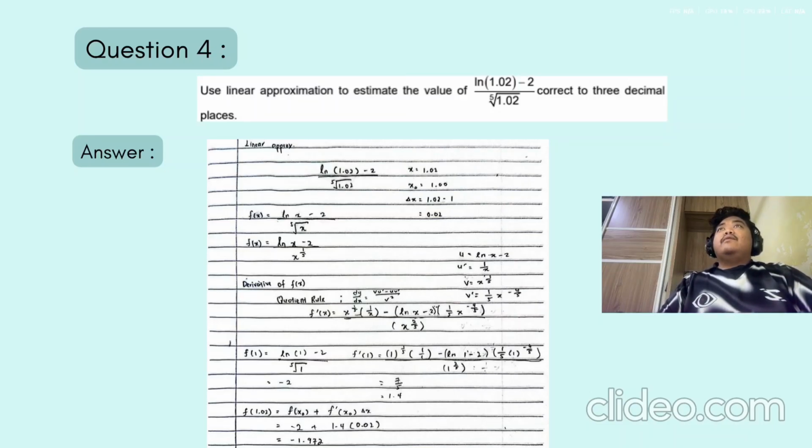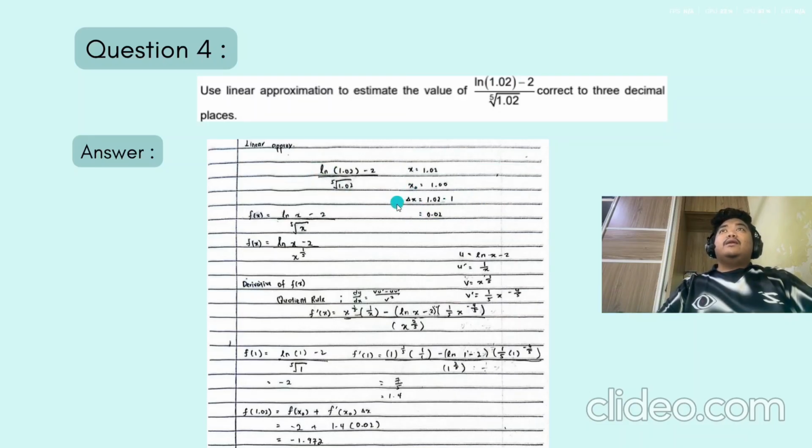First up, we have to identify the given value. The given value is the one with the decimal points, 1.02, and then we change it to a new round number closest to 1.02, which is 1.